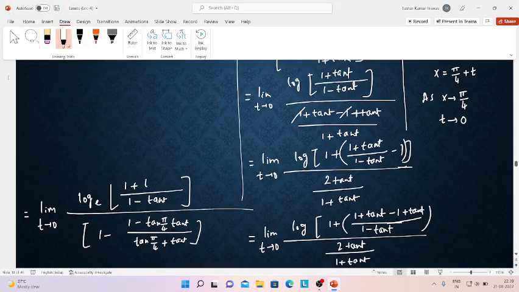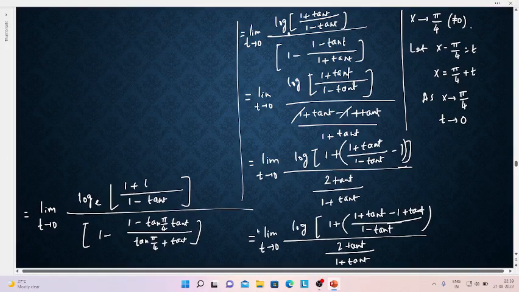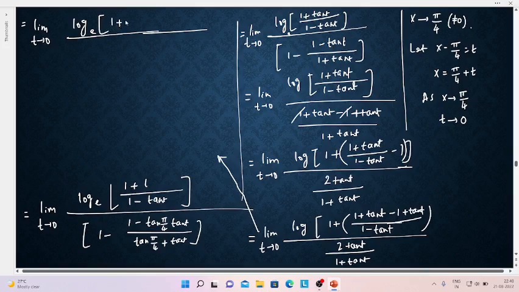Okay. So basically from this particular thing we can write limit t tends to 0 of log base e of 1 plus, this minus 1 and this plus 1 will be cancelled out, so we will have 2 tan t over 1 plus tan t, and on the denominator we have 2 tan t over 1 plus tan t.